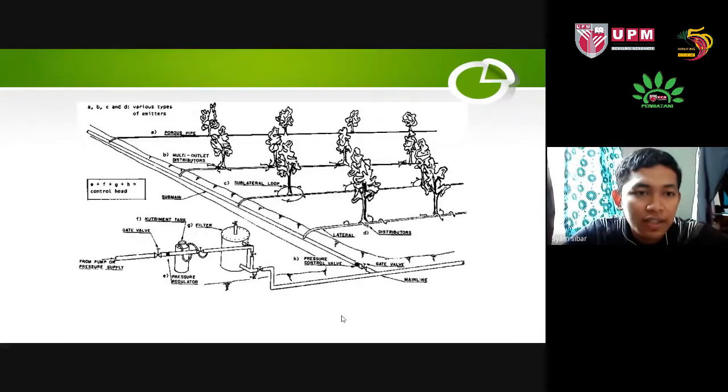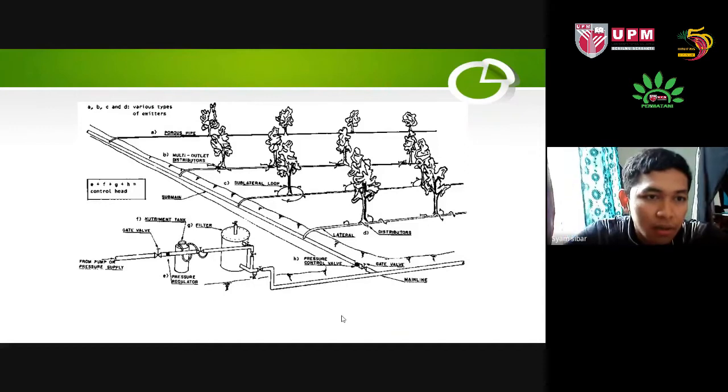As you can see in figure 1, this is a drip irrigation system layout. The parts A, B, C, and D in the figure are various types of emitters, and the parts E, F, G, and H are control heads.